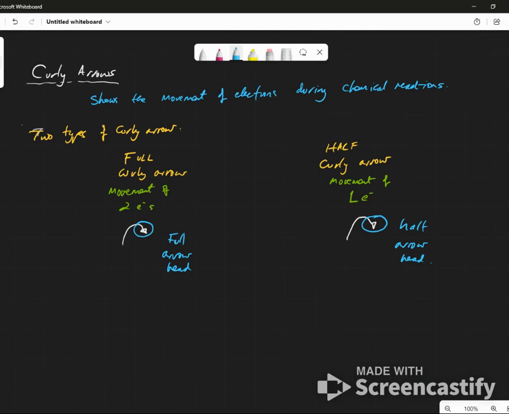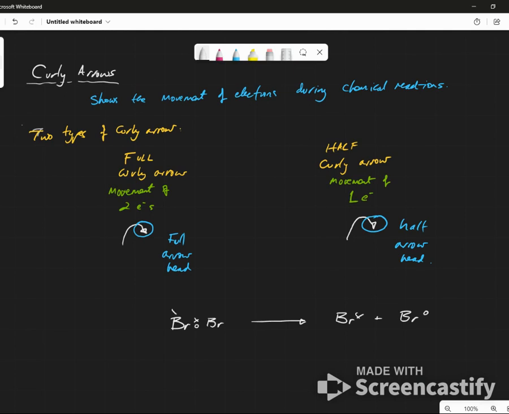So how would I show this then in an equation, I guess? So we've got bromine here. This is how it all started, if you remember. We started off with bromine, and bromine forms a Br and a Br dot.